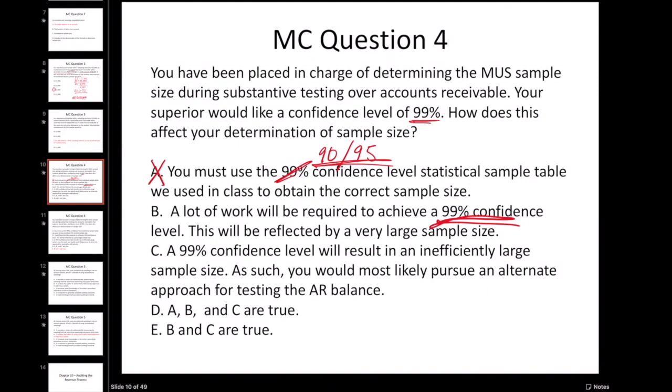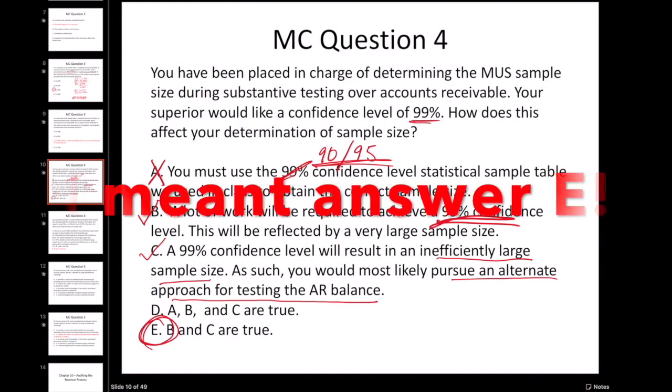So there's no point in us even presenting this as a table. So B is looking pretty good, and I'll read on to C. C says 99% confidence level will give you an inefficiently large sample size, so you most likely pursue an alternate approach for testing the AR balance. That is also true because it's consistent with what I just said. So that's actually answer D. It says both B and C are correct.